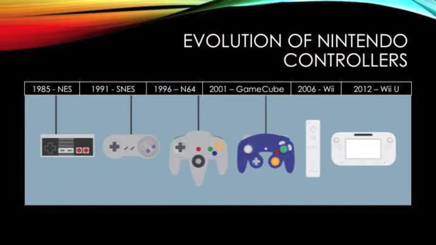As you can see, they evolved from 1991, the SNES, 1996, which is the Nintendo 64, 2001, which is the GameCube, 2006, which is the Wii. All of these evolved from physical controllers to controllers that sense your movements.